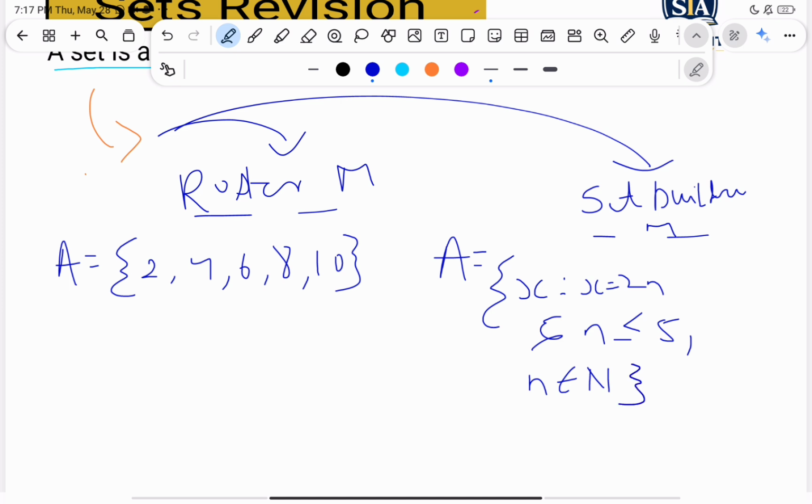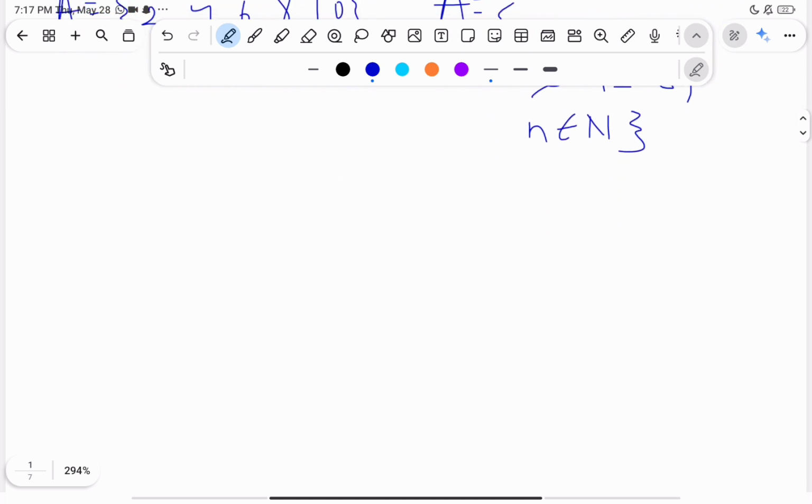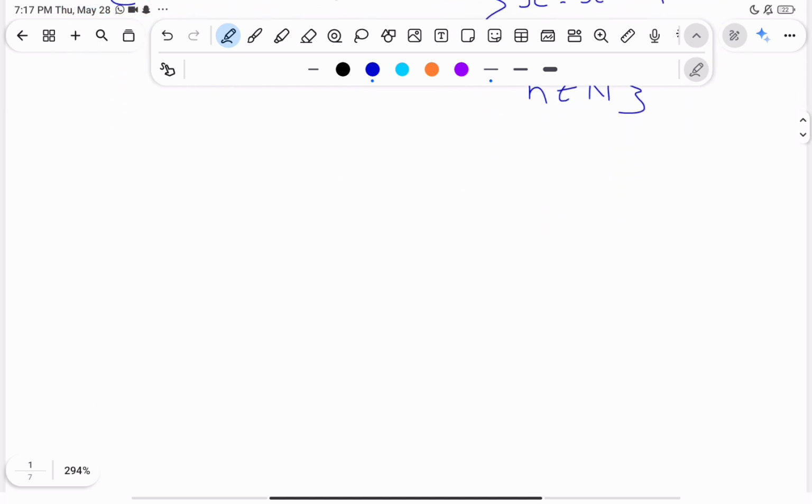This is set builder form. It is so simple. Okay, next, this was about identification of the set and how to build the set we have seen.